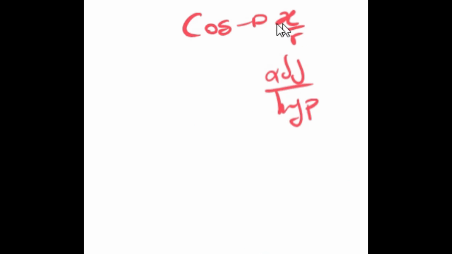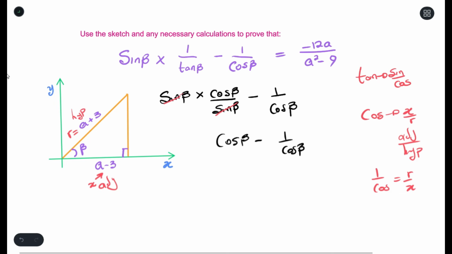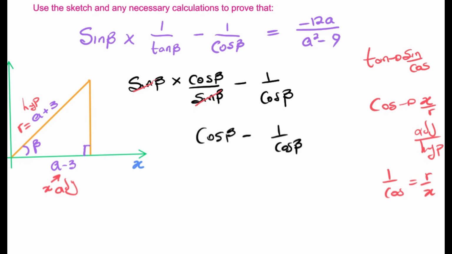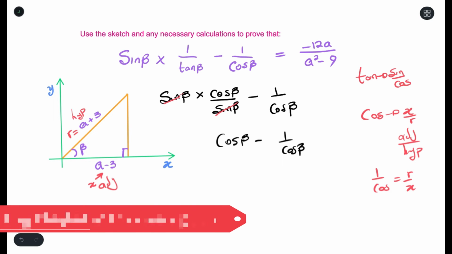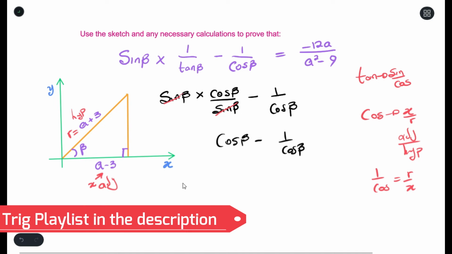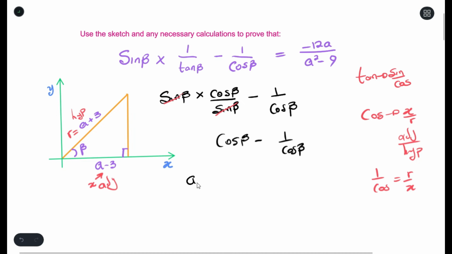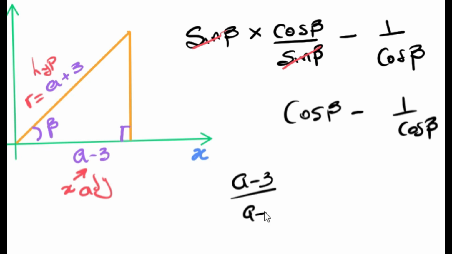If cos is x over r, we should also know that 1 over cos is r over x because it's the inverse again. So I need to write down the value of cos beta and 1 over cos beta by using my adjacent and my hypotenuse. So if I'm going to write this down, this is what I'm going to have. Cos beta is the exact same thing as saying adjacent over hypotenuse. And 1 over cos beta would be hypotenuse over adjacent, which is.